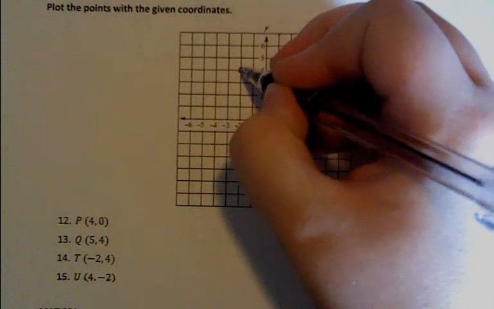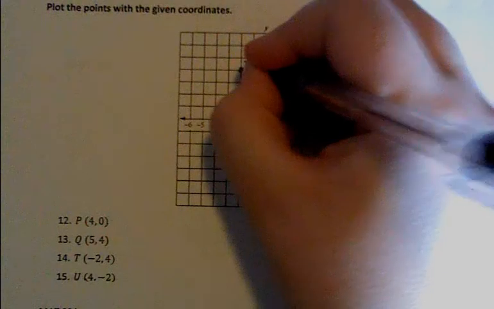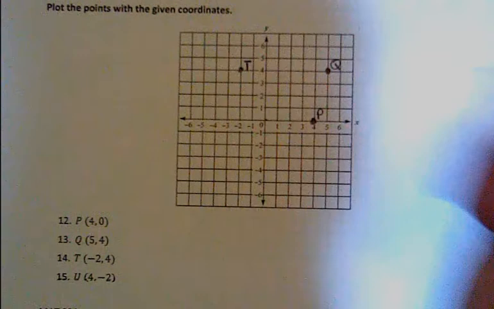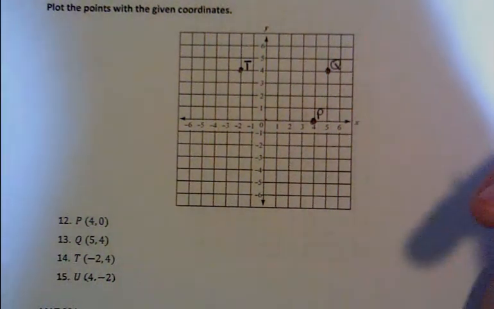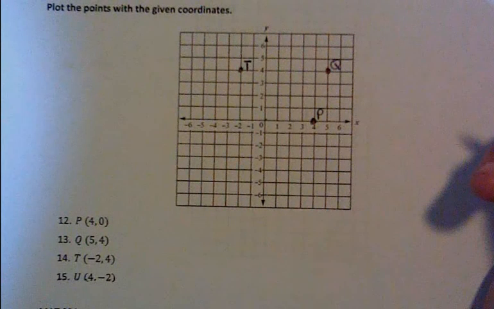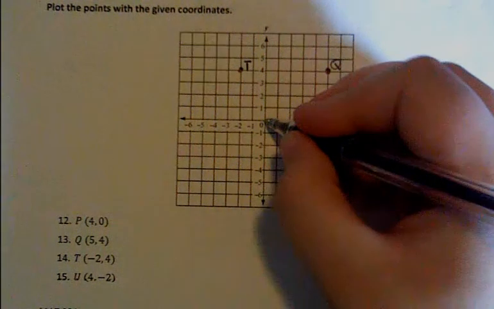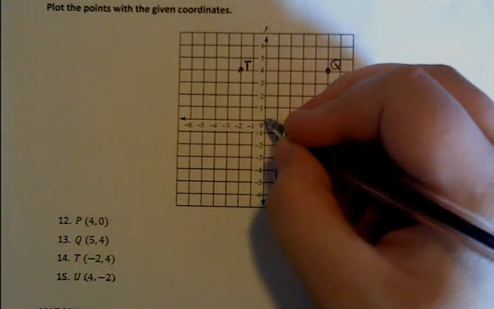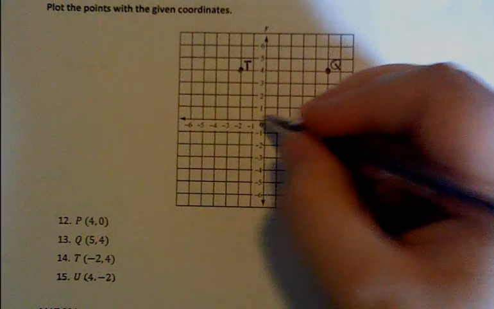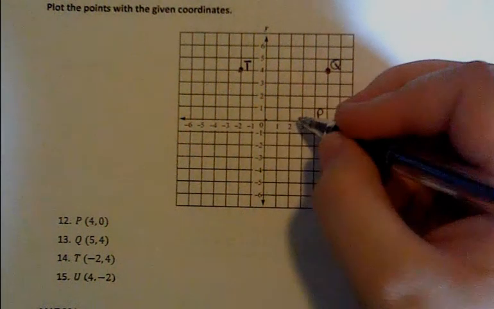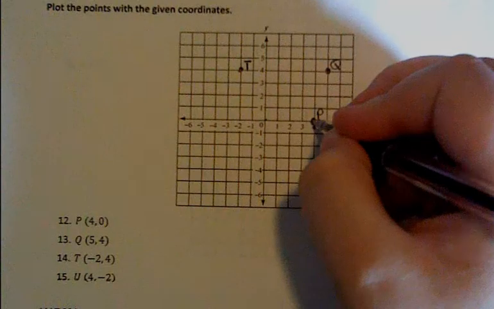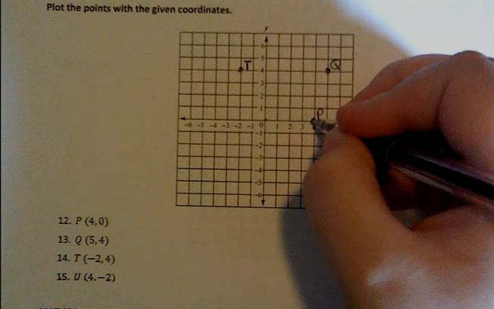And that was our T. Okay. Finally, I have my U. I'm going to start at my origin, and I'm going to go to the right 4 because it's a positive. So 1, 2, 3, 4. And I'm going to go down 2 because it's a negative. 1, 2.